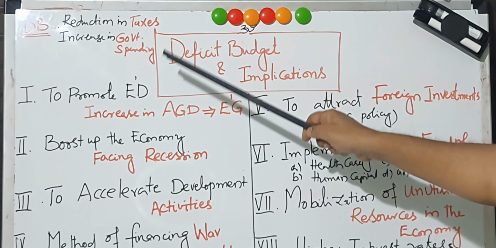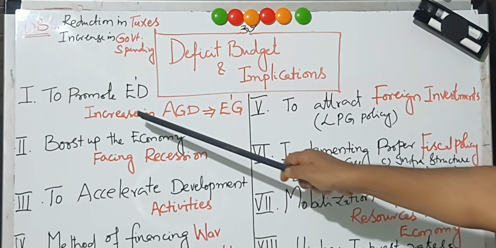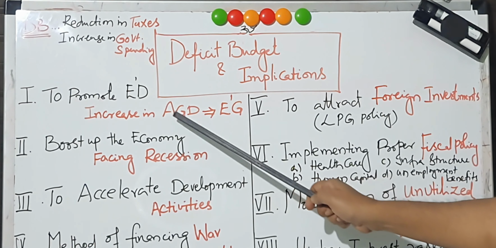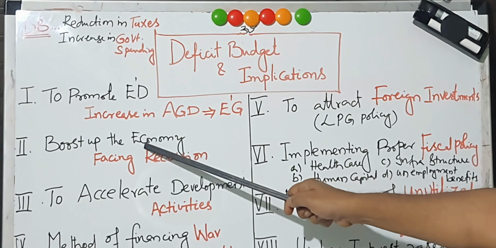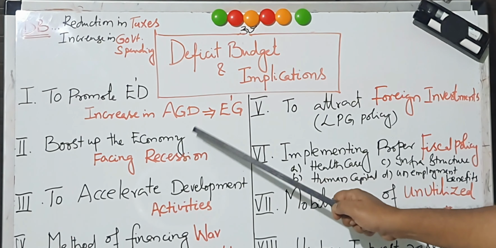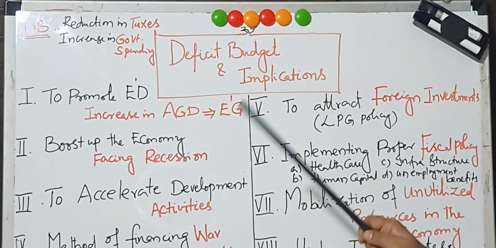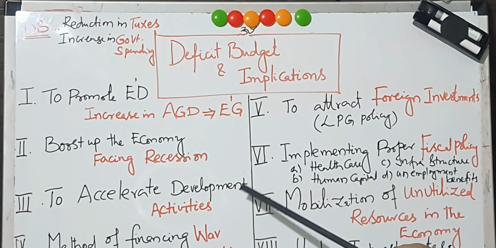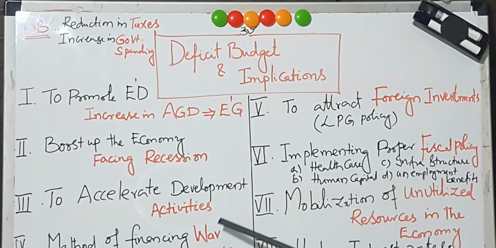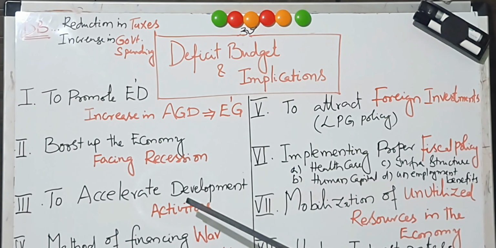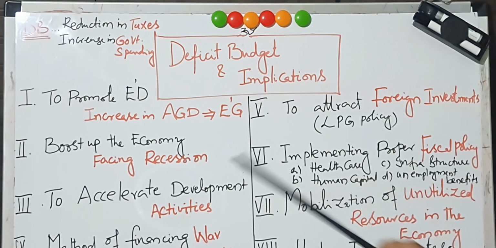So, what are the implications of the deficit budget? To promote economic development, to increase aggregate demand, to boost up the economy when facing recession, to accelerate different developmental activities of the government. The method of financing war: in a war situation, the only method available to the government for financing the war is a deficit budget.